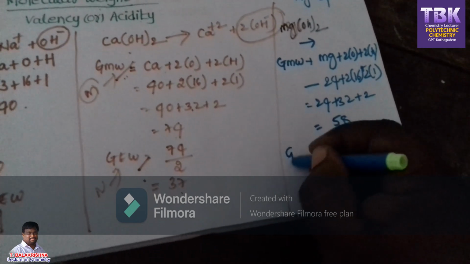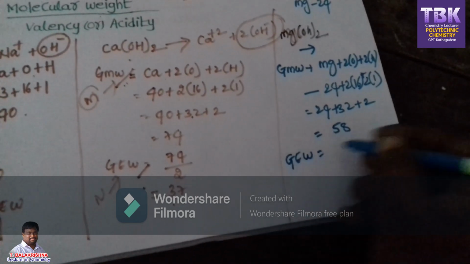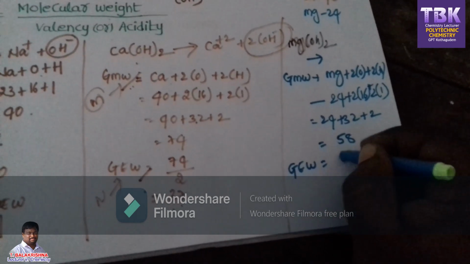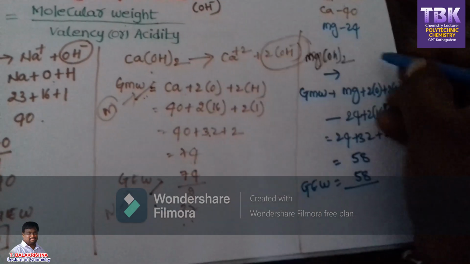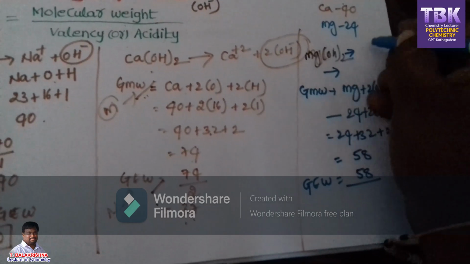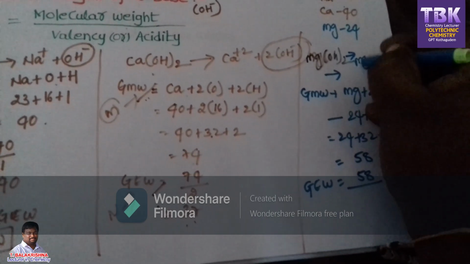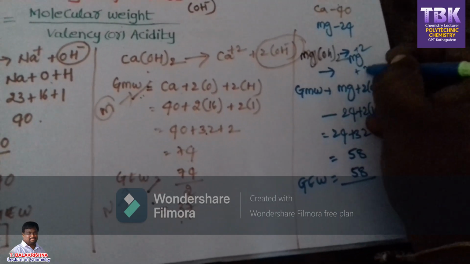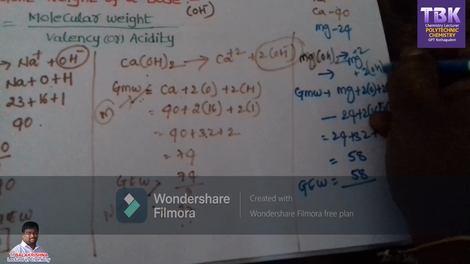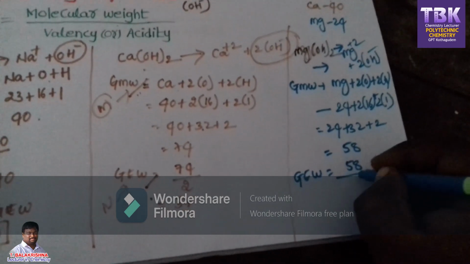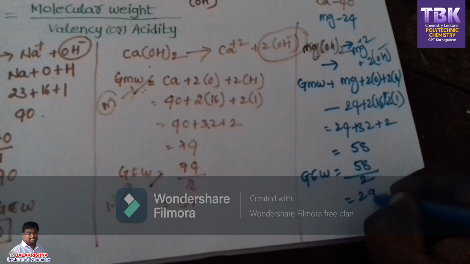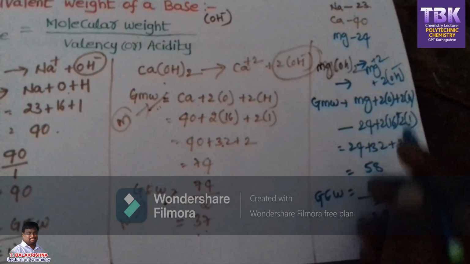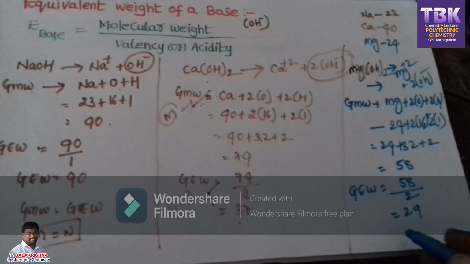The gram equivalent weight is equal to molecular weight by valency, or acidity. Acidity means how many replaceable hydroxide groups. It is split into Mg plus 2 and 2 OH minus, so replaceable hydroxide groups are 2. Dividing by 2, we get 29. 29 is the gram equivalent weight of magnesium hydroxide. Is it clear?